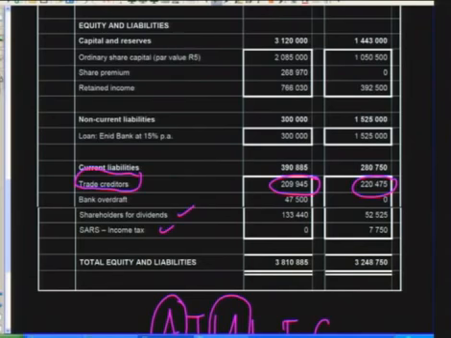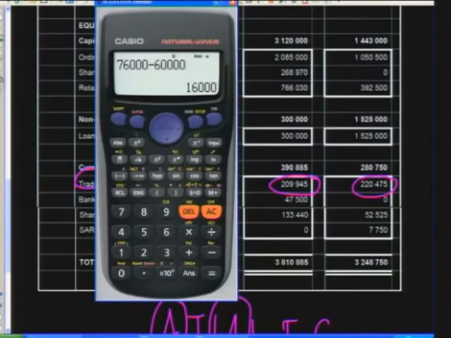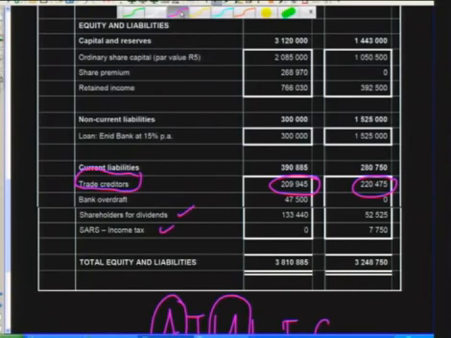Clearly your creditors decreased, and by how much? 220,475 minus 209,945, and your answer is 10,530.